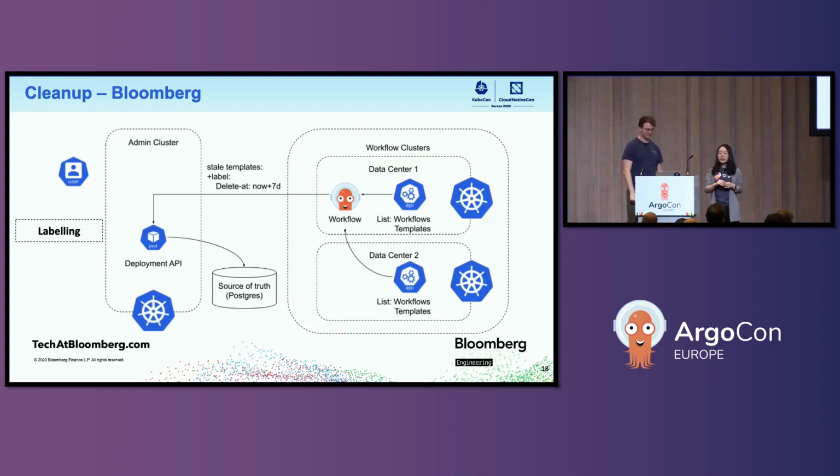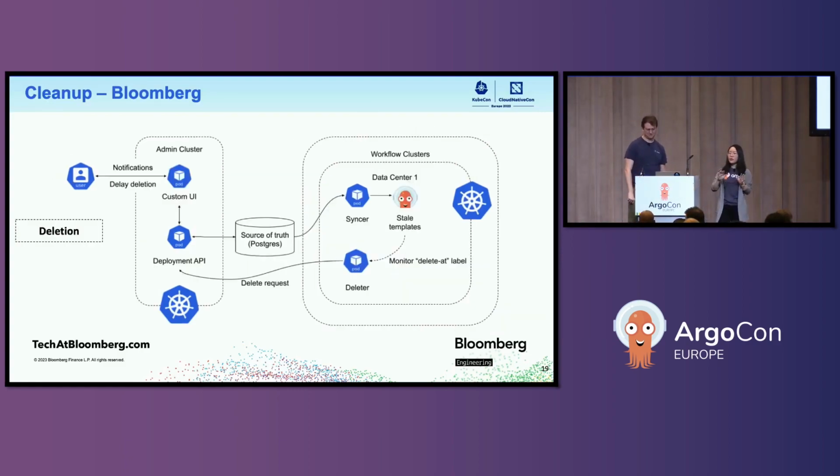And then that label patch is applied to the deployment API, that ends up in the database. Once it lands on the database, then we have two paths diverge. On the one side, that information is picked up by the syncer and lands onto the template itself.